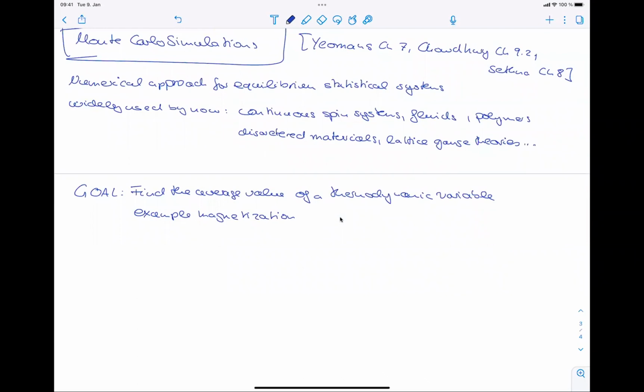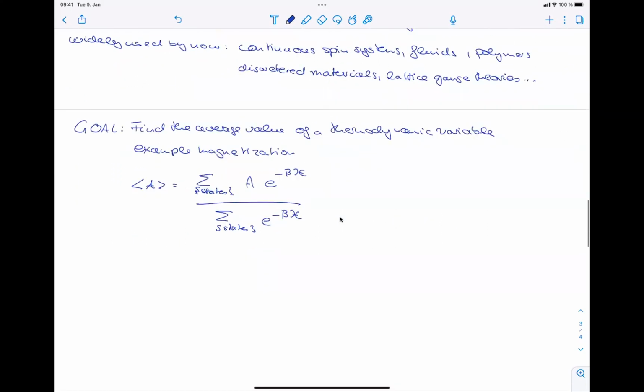So how do we write down the average value of this thermodynamic property? Well, the average would be summing over all states of the system of this property, divided by the partition function. So I want to know, say, A, which could be the magnetization, but could also be the average size of my polymer.